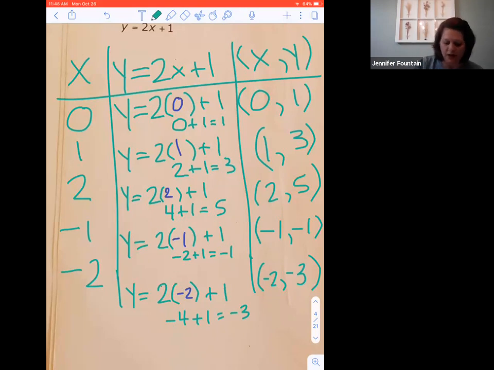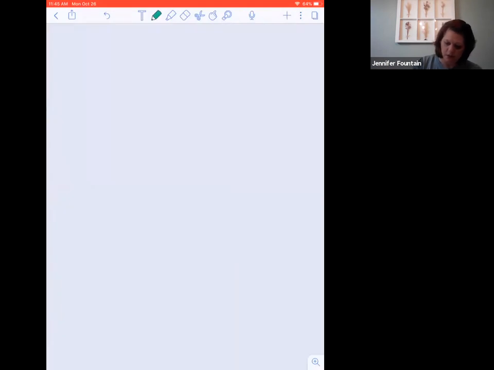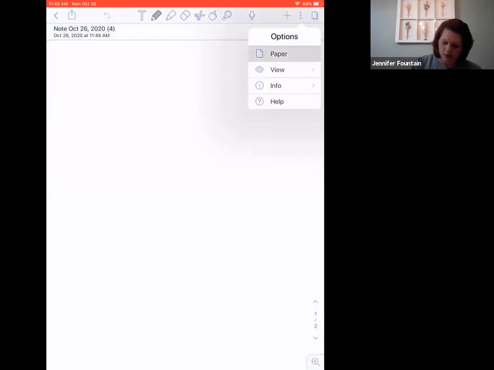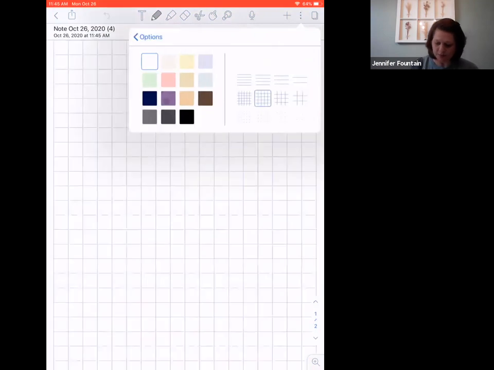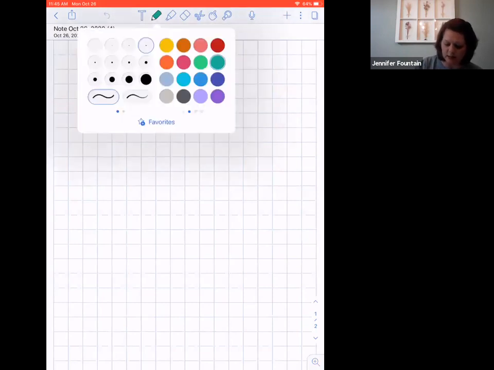All right, I'm going to pull up some graph paper. So go ahead and get out your graph paper. All right, remember the first thing that you want to do when you're getting ready to make a graph is we're going to do our x and y axes.